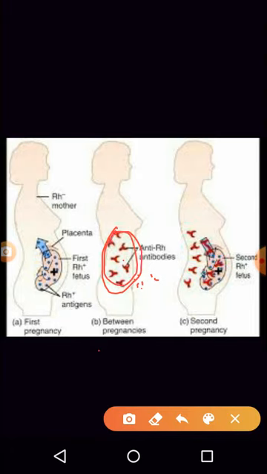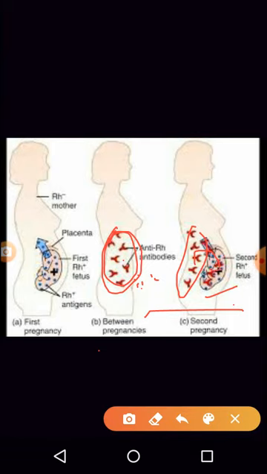During the second pregnancy, antibodies are ready inside the mother, and if the second child happens to be again Rh positive, that means the child has D antigens on the RBC. Now these antibodies will go and attack the D antigens.